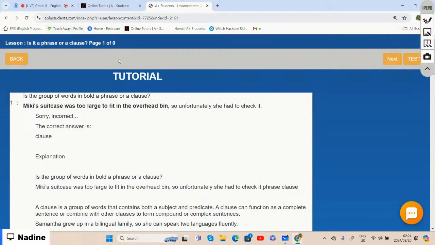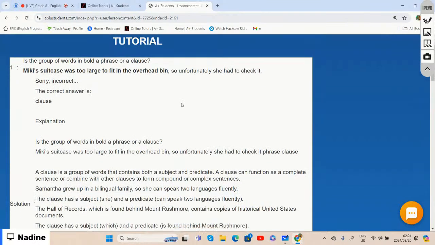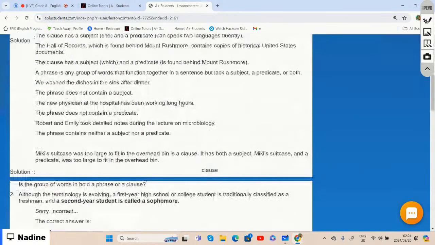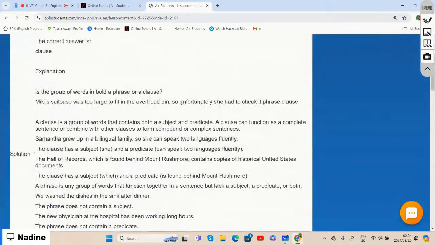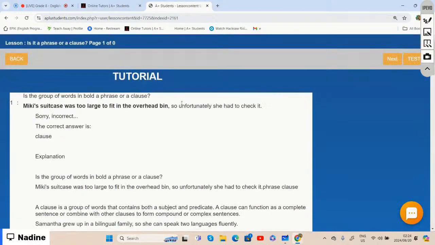And if we were to say if this is a phrase or clause, then we will say this is a clause. And the reason why this is a clause is because this is combining. So basically the word so joins those two sentences. So Mickey's suitcase was too large to fit in the overhead bin.